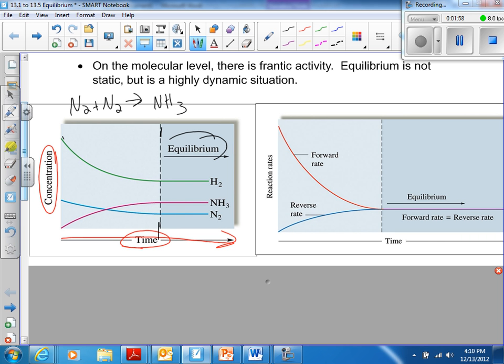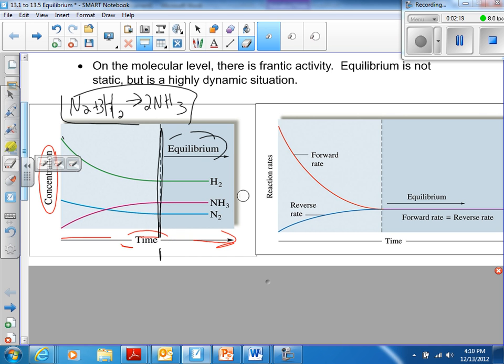Now we can just balance the reaction. We get N2 here, and I wrote N2 twice. That's an H2. Let me fix that real quick. This is an H2, and we need 3 of those, and there's our reaction that's happening. So we've reached equilibrium right at this time when the concentrations flatline.